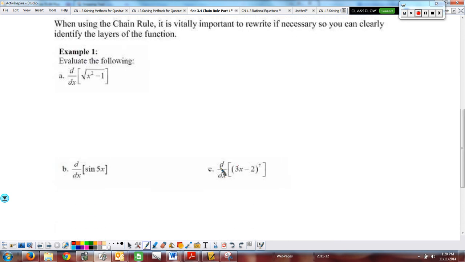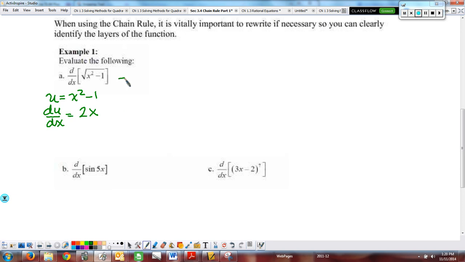All right, so let's look at a couple of examples just to see how this works before we end this video. The way that I would work this, and you do need to do some work on the side, I'm going to first figure out my inside function, x squared minus 1. I'm going to figure out du/dx, which is 2x. See, it's pretty easy.